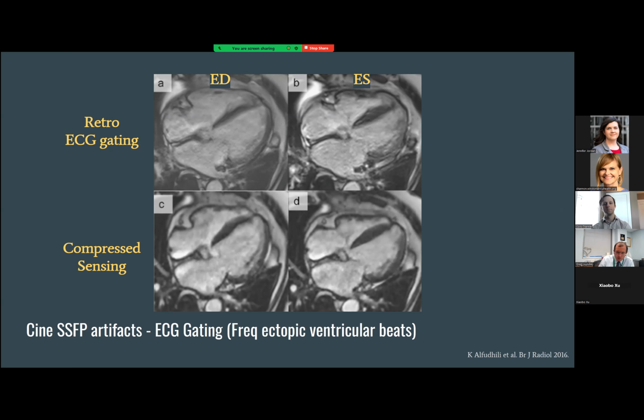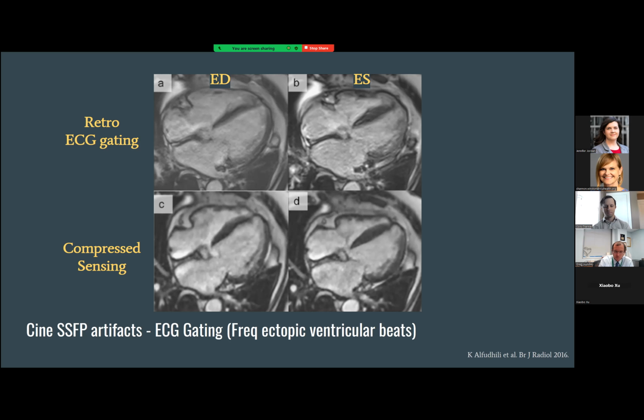We're going to have a difference in the general appearance because it is a faster acquisition. But because this patient has frequent ectopic ventricular beats, we get an improvement in the image quality when we do compressed sensing because we're just imaging over a shorter period. And so we're removing the likelihood that one of these frequent ectopic beats would interfere with our ECG gating.